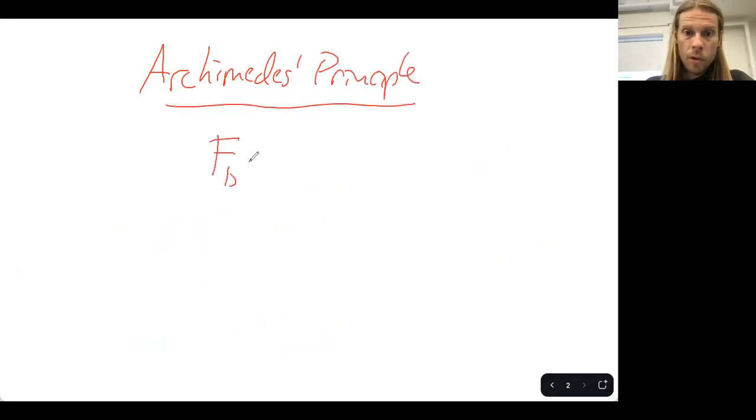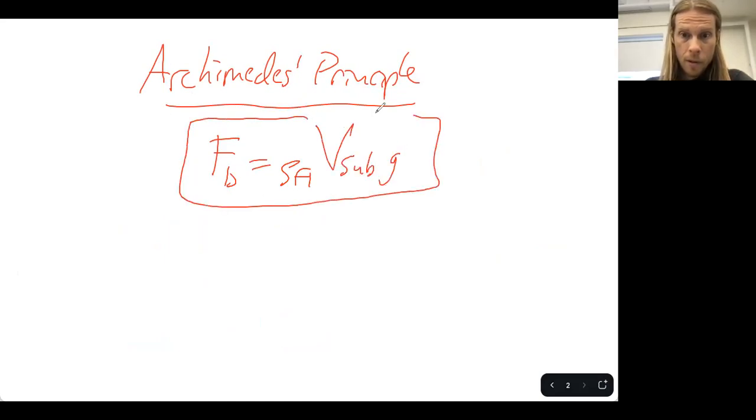Buoyancy force, we need to correct, is density times V submerged times g, where density times volume is the submerged mass of the displaced fluid.